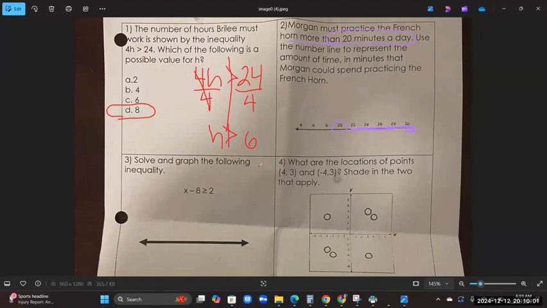Number 3, solve and graph the following inequality. They subtracted 8, so we would add 8. So we get x is greater than or equal to 2.